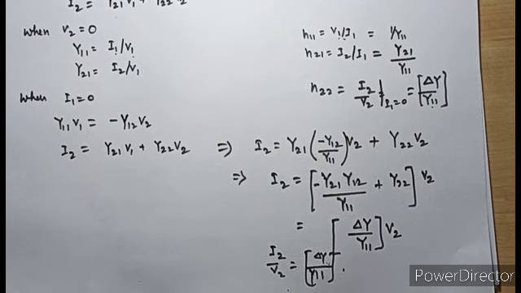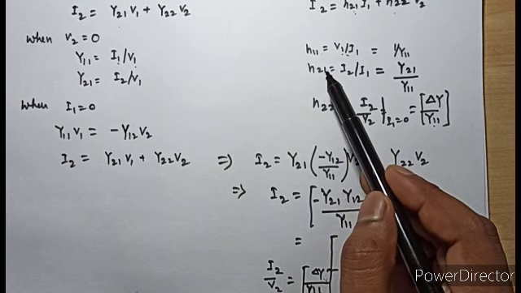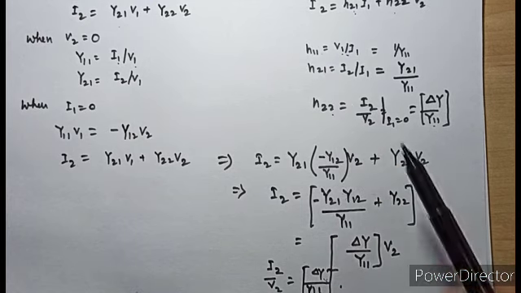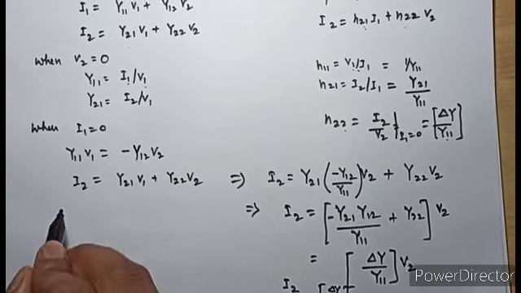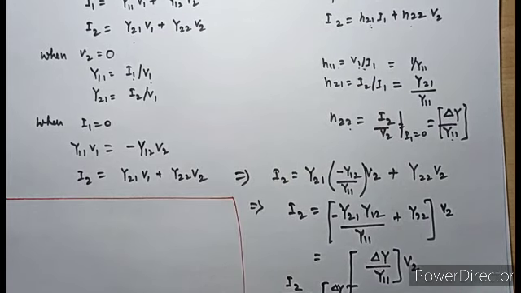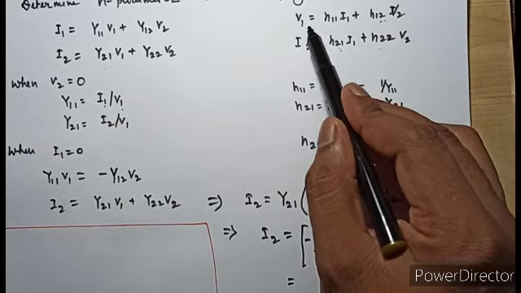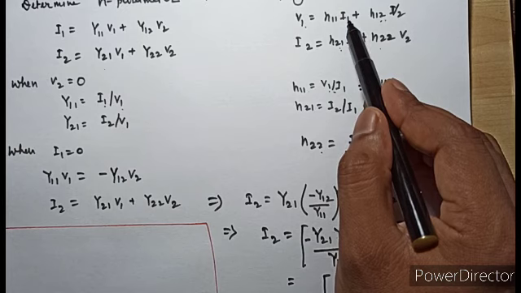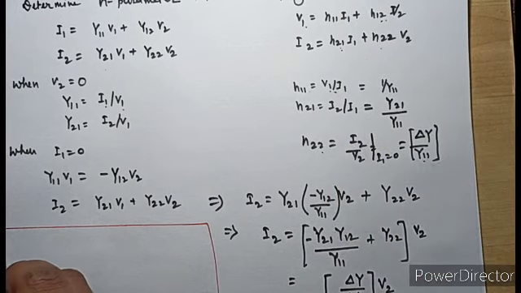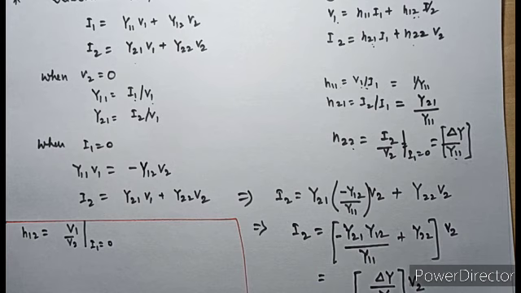And one more parameter we are missing. What are these? H11, H21, H22, H12. Now see, H12 will be what? H12 will be V1 by V2 when I1 is 0, isn't it?